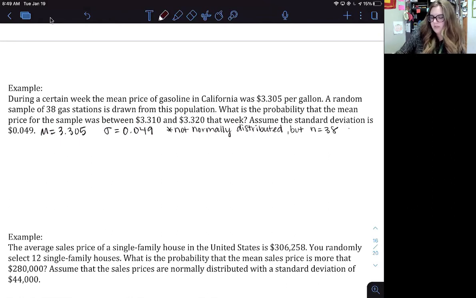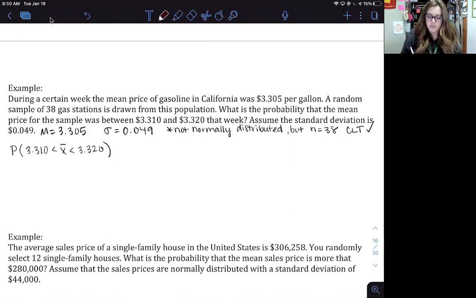So we can use the central limit theorem to say that it is normally approximated. So we're finding the probability that 3.310 is less than x bar, which is less than 3.320. This should be x bar because we're looking at sample means.